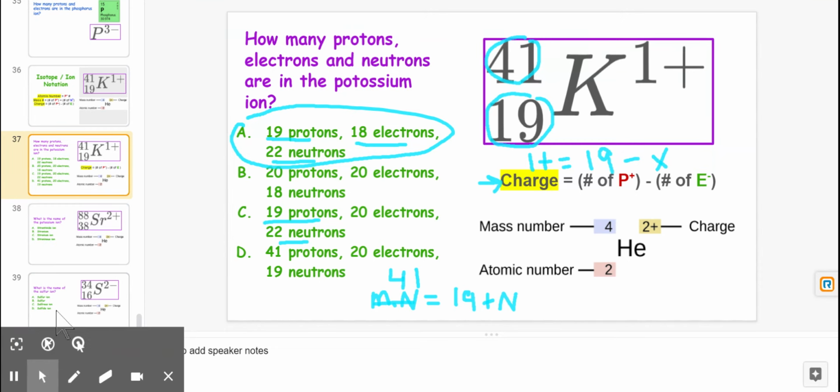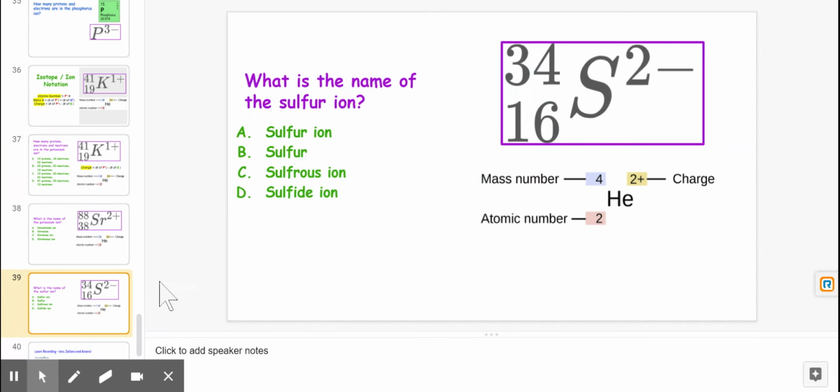And then if we wanted to ask what the name of an ion was, what is the name of the sulfur ion? Well, remember, you have to know if it's negative or positive because the rules for naming are different for cation and anion. This is an anion because it's negative, and the rules for naming an anion are, remember, you need to take the name of the nonmetal, that's sulfur.